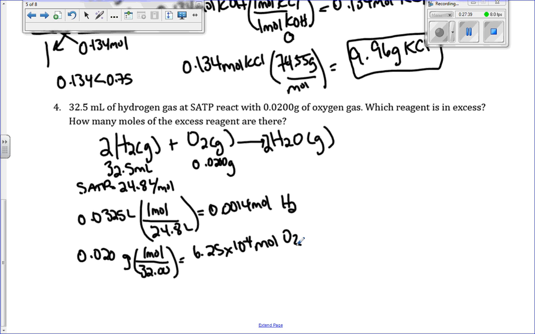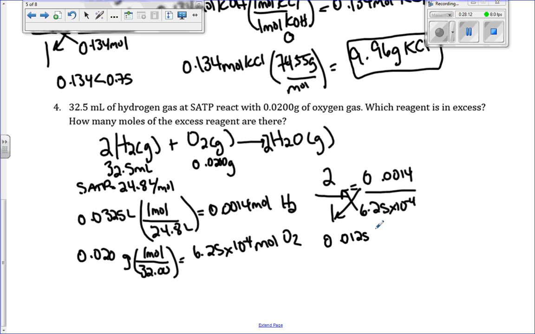So now we need to look at the mole relationship between hydrogen and oxygen, between the reactants. And what we see here is that there's 2 moles of hydrogen for every mole of oxygen. When we look at the reaction being consumed, we see that 0.0125 is less than 0.0014.